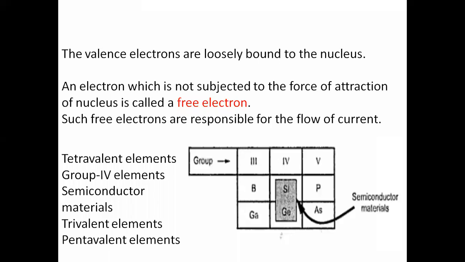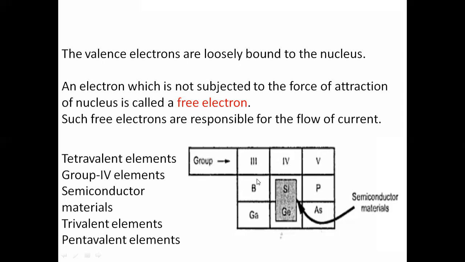Suppose for silicon and germanium, if you add pentavalent elements, then it will become an N-type semiconductor. So there are two types of extrinsic semiconductors, P-type and N-type. P-type semiconductors are formed by adding trivalent impurities to the pure or intrinsic semiconductors.